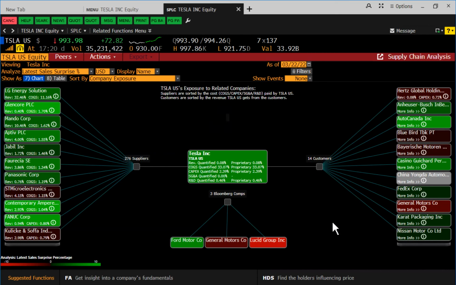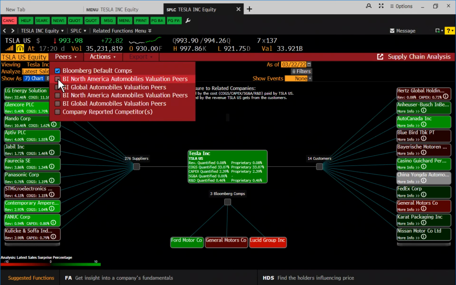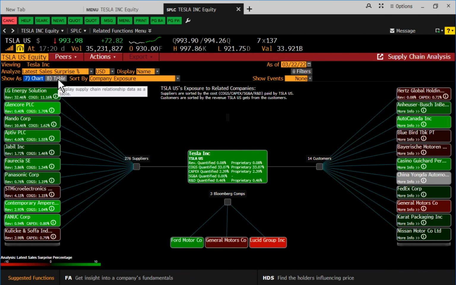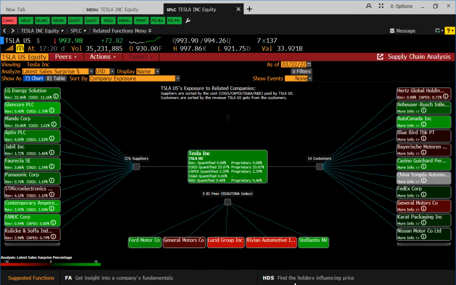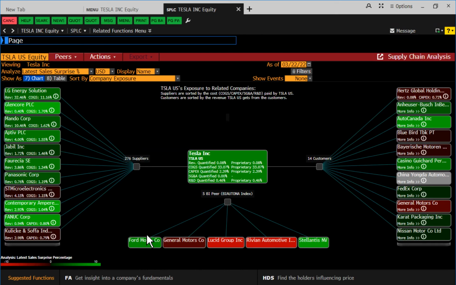Those are their customers. And here there are some peers. So we can do North American automobile peers. So there are Ford, General Motors, Lucid, Rivian. Okay, so these are their peers.